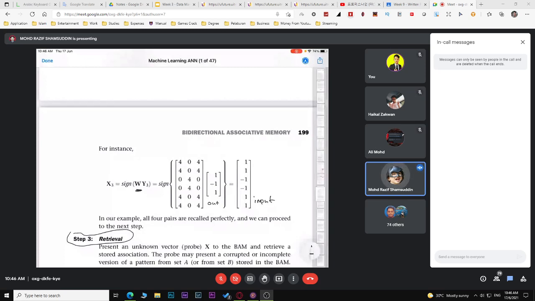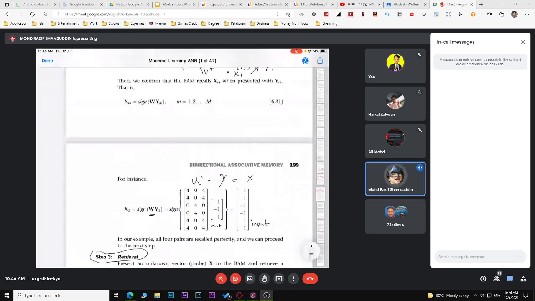So this is the weight times the output, and you will get the input. Okay, which Y is this? Y3. Y3 will produce X3.